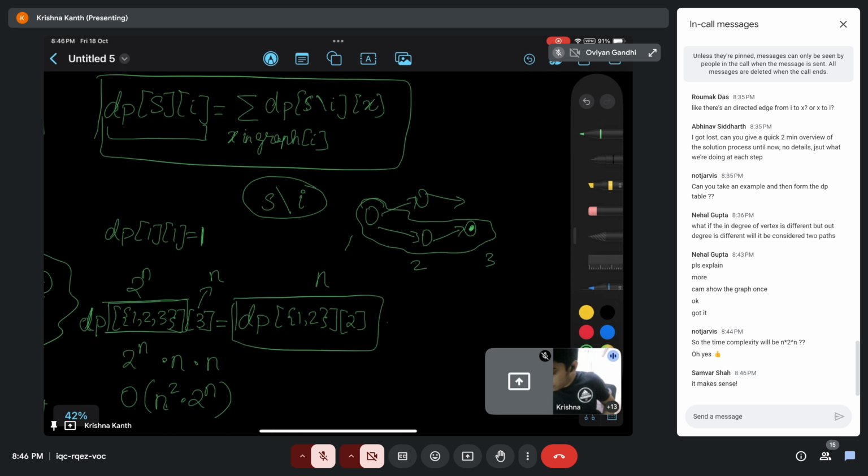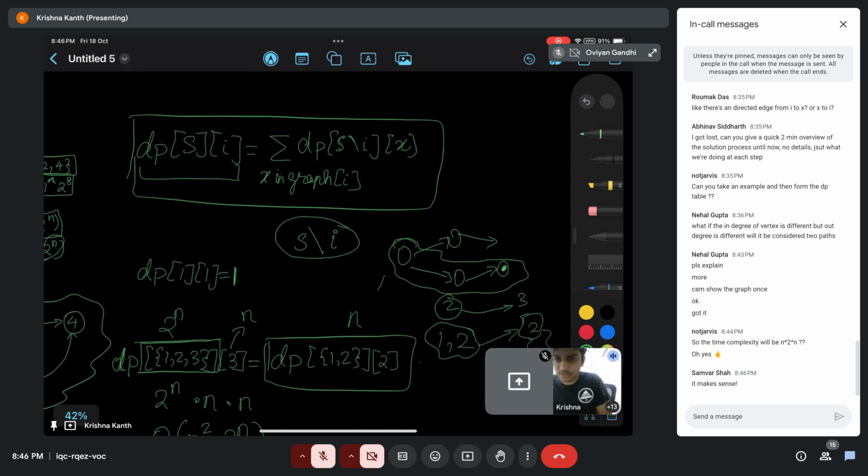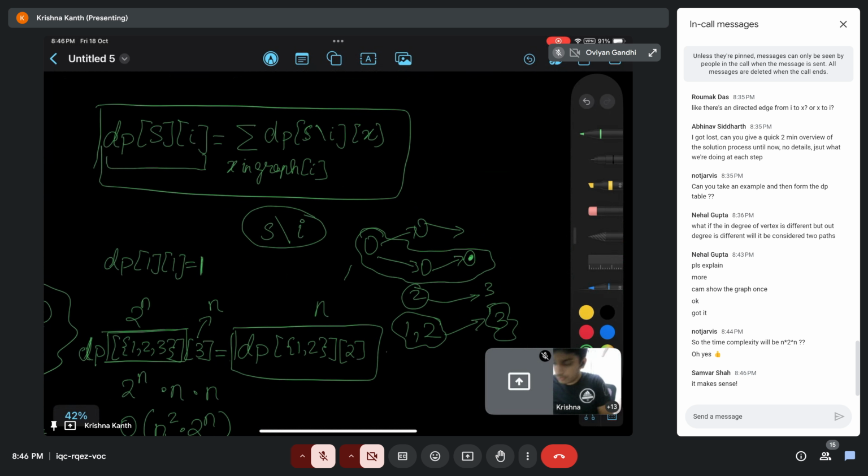Our subproblem now reduces to finding the number of ways we visit 1 and 2, such that we are ending at 2. Because when you're ending at 2, we know that there's an edge from 2 to 3, so this is a valid path. That would directly be a link to 3. So that was our condition here, such that there is an edge from 2 to 3. I hope it makes sense.